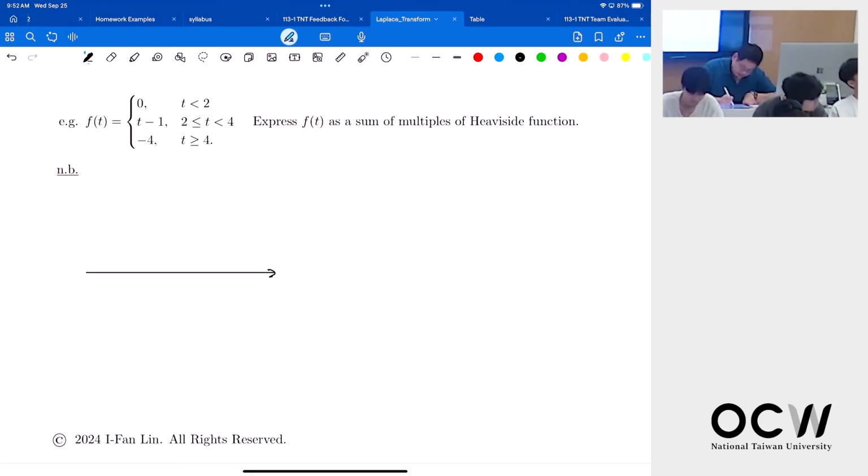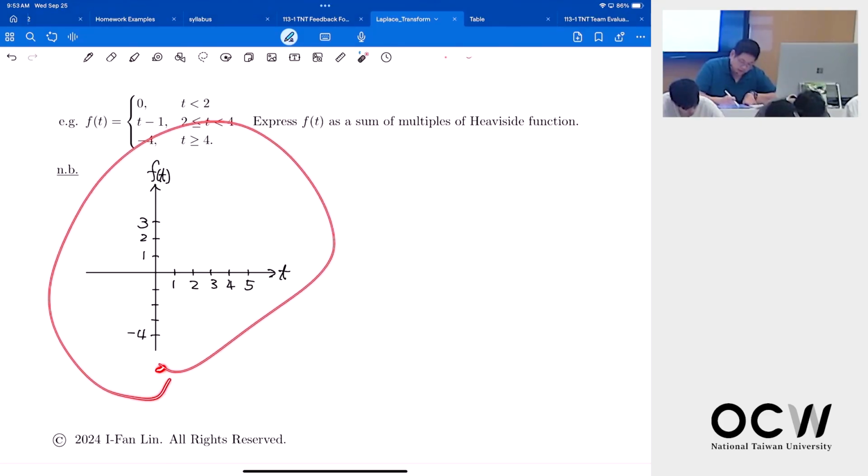Here's t, here's f of t. 1, 2, 3, 4, 5. 1, 2, 3, 4, 5. 1, 2, 3. Okay, so please help me complete the plot for this function f.